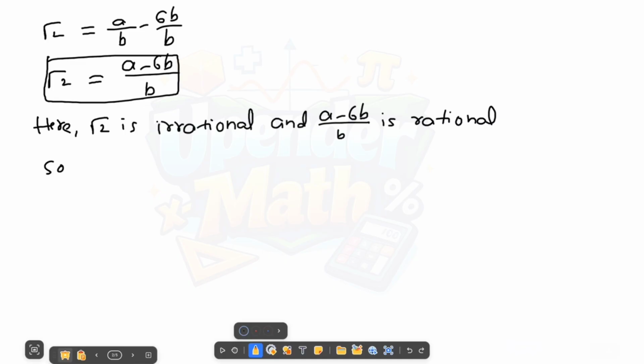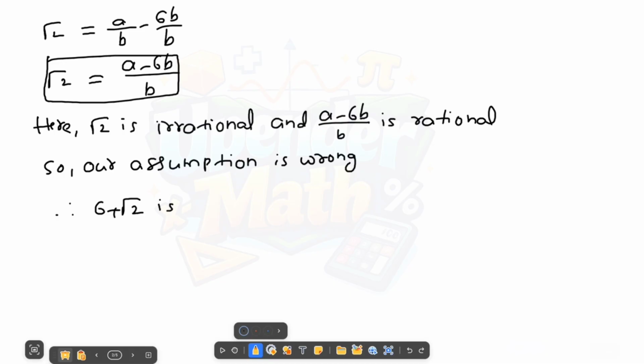So our assumption is wrong. Therefore 6 plus root 2 is an irrational number, not a rational number.